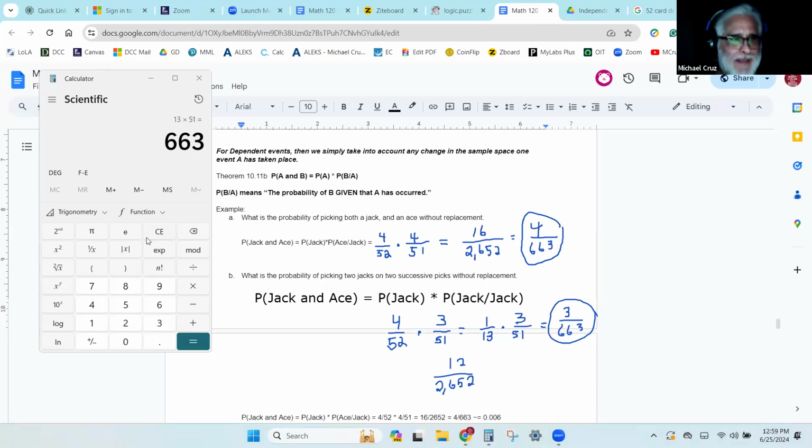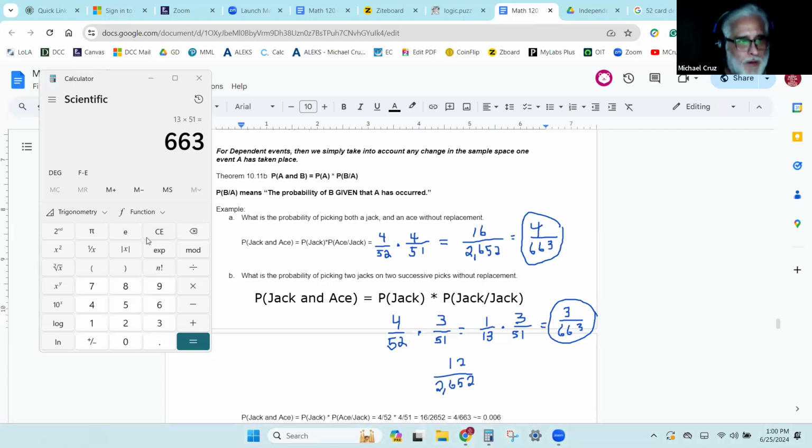Whereas with the "or," that right there is relatable to more than one event, but you're only making one pick. You're just finding out how many different ways can I pick and have a chance.